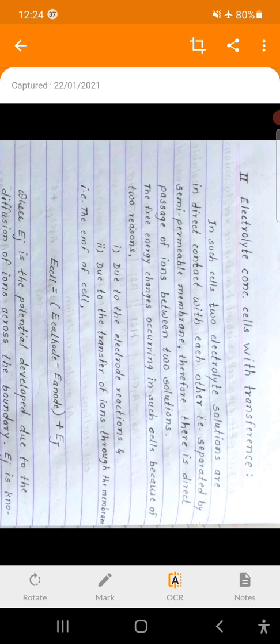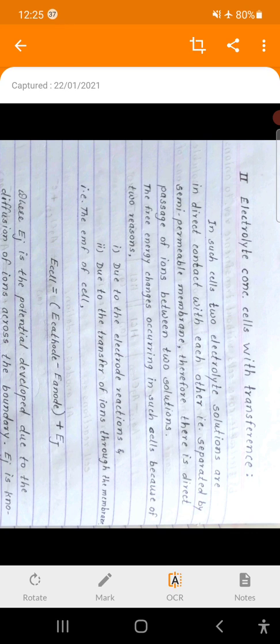When the cell is with transference, the two electrolyte solutions are in contact with each other. In a cell without transference, the two solutions are placed in separate beakers and connected by a salt bridge.